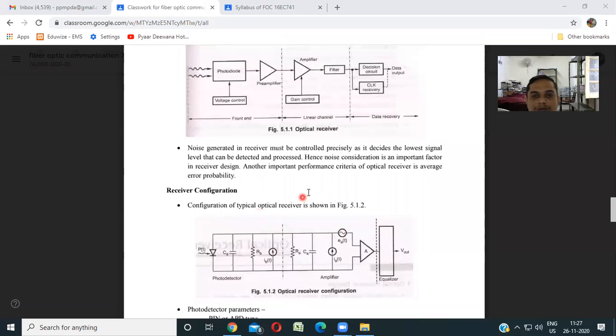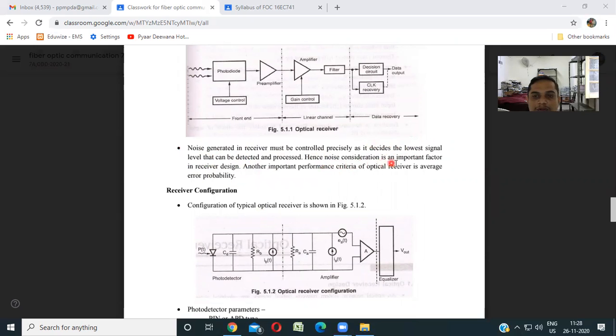Here you can see a very important point. Noise generated in the receiver must be controlled precisely, as it decides the lowest signal level that can be detected. If the noise is more, the minimum detectable signal is also higher.